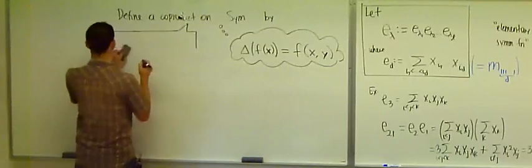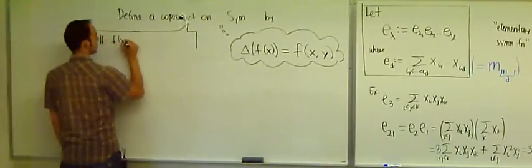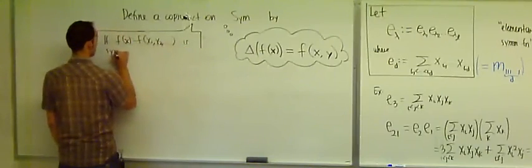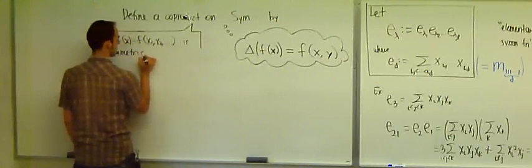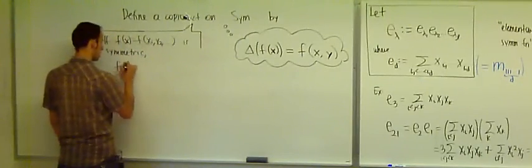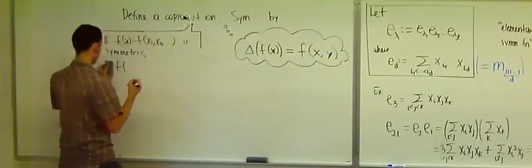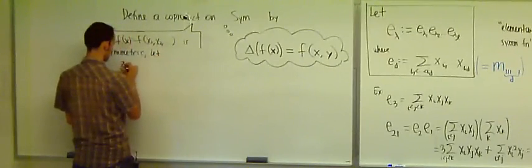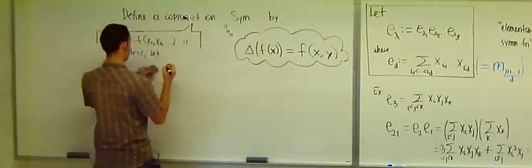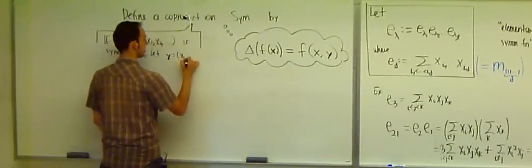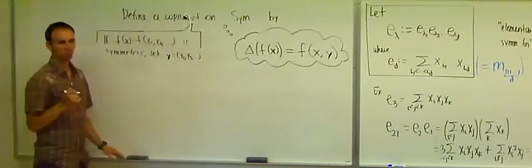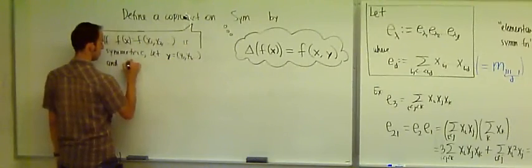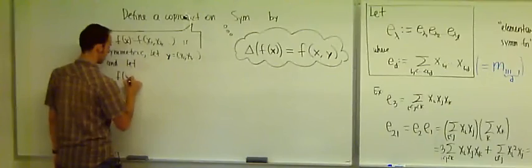If I have some function of x1, x2, etc., and this is symmetric, now consider a new set of variables, y1, y2, etc., and plug in f of x comma y.